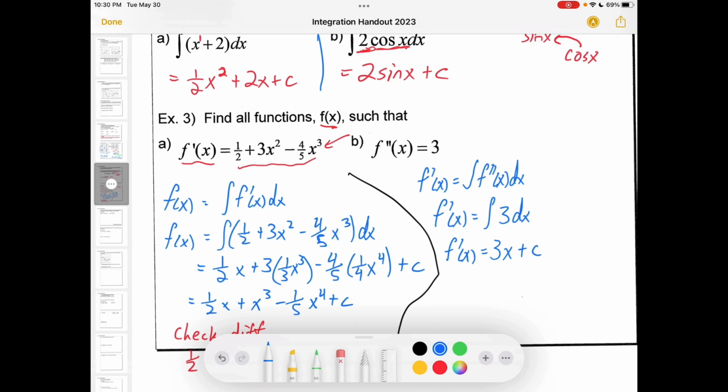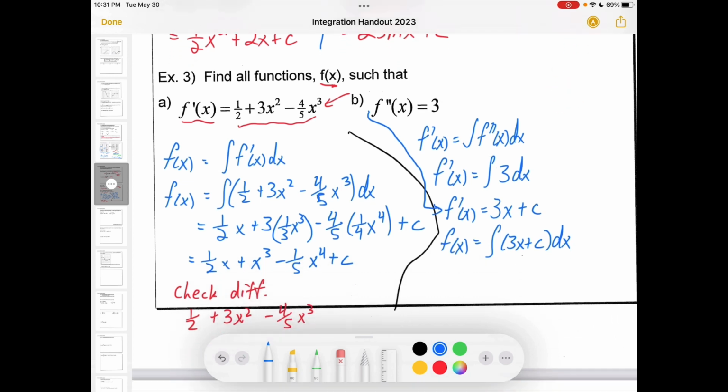And if you wanted to skip straight from here to here, that's fine with me. Now we've got to go up another step. So if you want to find regular old f, well, that's going to be the integral of the derivative. Integrals, or anti-differentiation, send us up a step on the chain. And we'll just evaluate this.